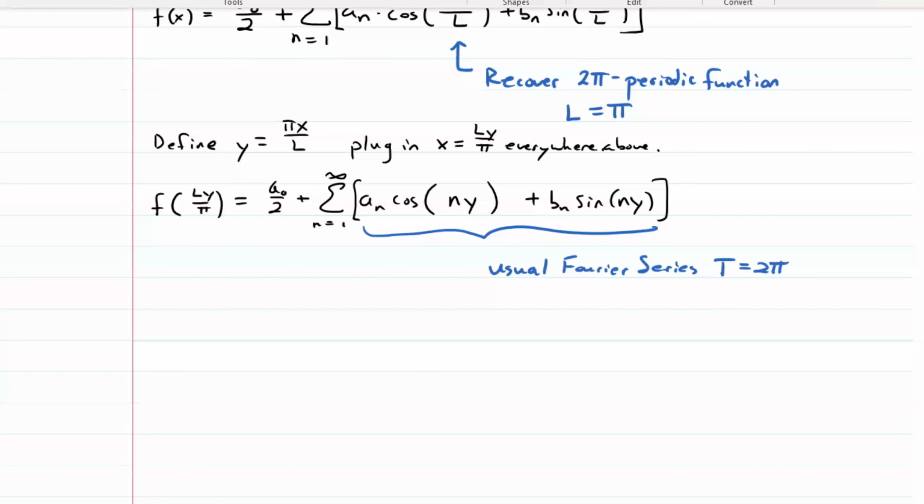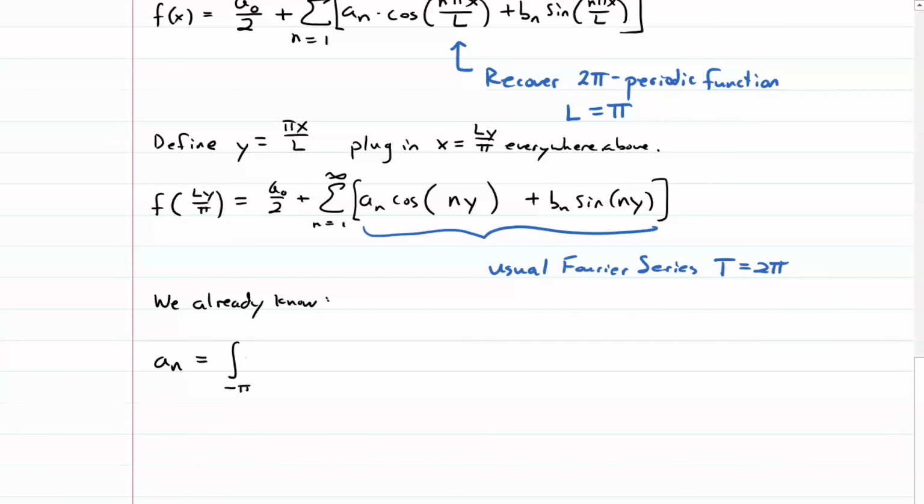So now I'll just use the things that we already know. We already know how to calculate these coefficients. An is, I take the function on the left, I take it from minus pi to pi, 1 over pi, f of Ly over pi, cosine of ny dy.